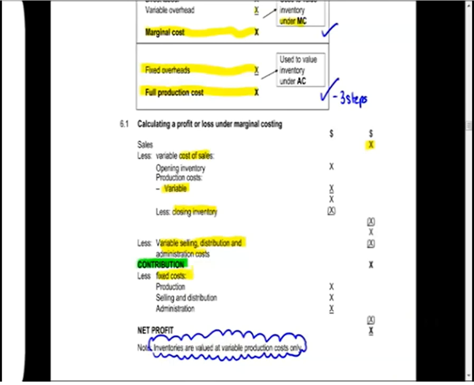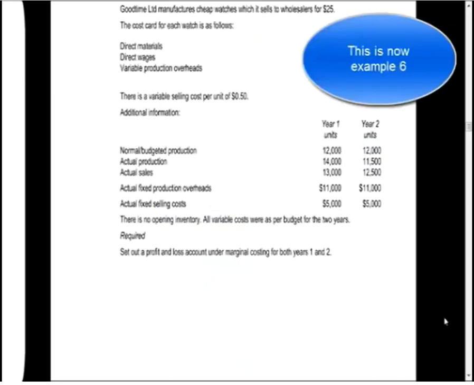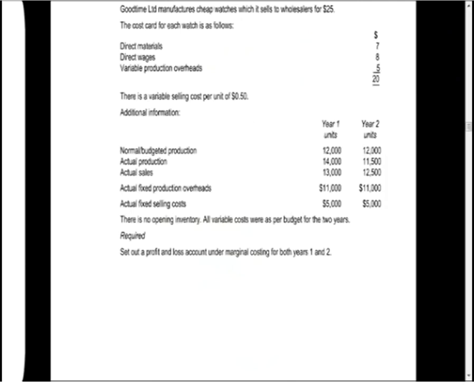So those are our production fixed costs, things like the rent and rates of the factory, but they're also all of our fixed costs because we have a business, so selling and distribution or administration, and they get us down to our net profit.